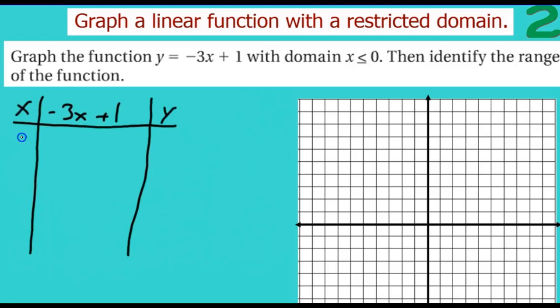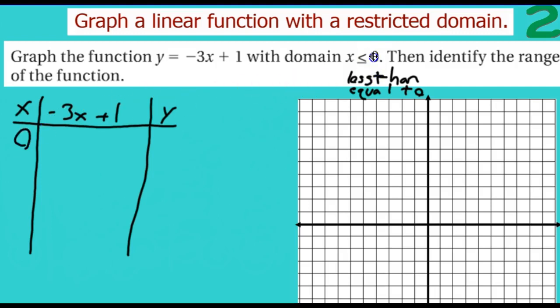But instead of making up numbers for our x now, it says we have a domain of x is, what this symbol is, less than or equal to. Less than or equal to. X is less than or equal to 0. So we know that it can be equal to 0, so our first one is going to be 0.